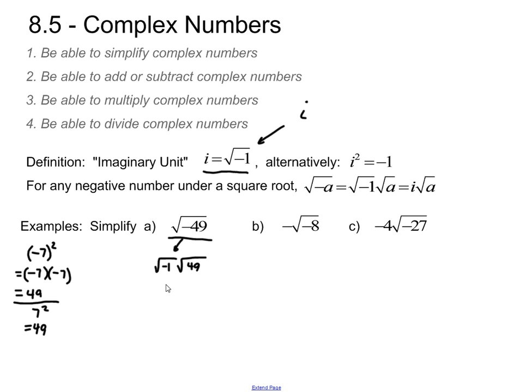And we know that the square root of negative 1 is going to be replaced by i. And the square root of 49, well, that's 7. And we would write this as an imaginary number, 7i. And that represents the square root of negative 49. It's still 7 times the square root of negative 1, but i takes the place of the square root of negative 1.